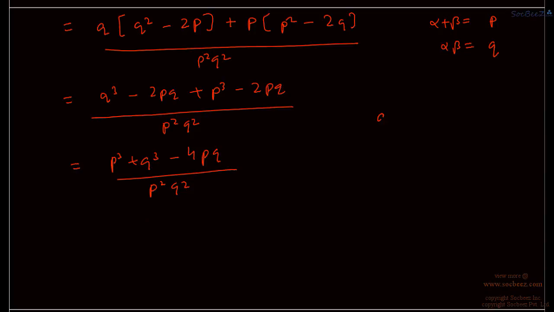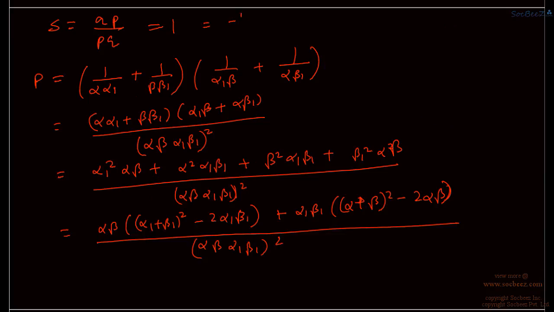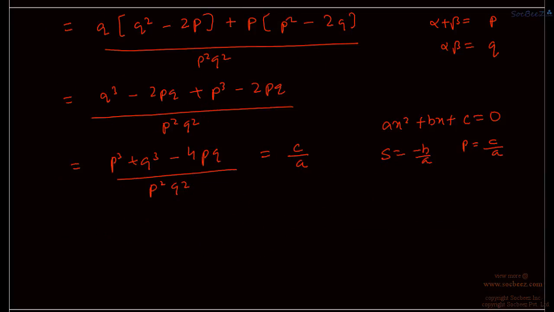Now whenever I write an equation as ax squared plus bx plus c equal to 0, the sum is minus b by a, whereas the product is c by a, right? Since it looks as if the sum is just 1, what we will do is multiply by the same thing.